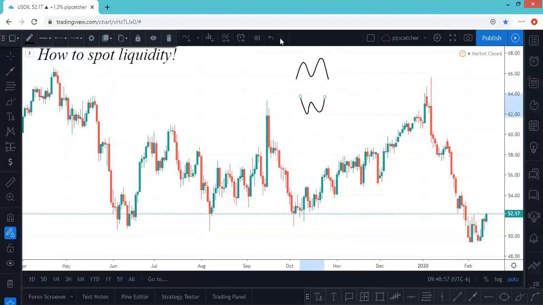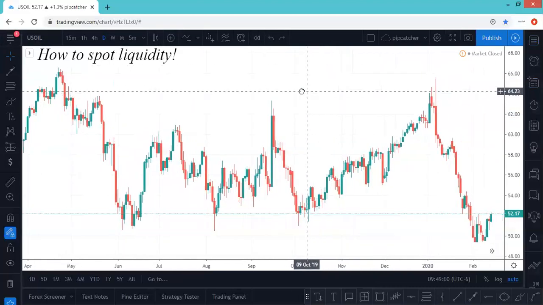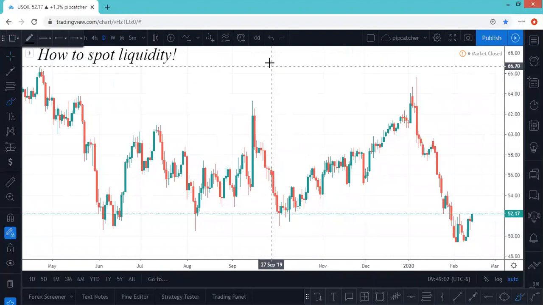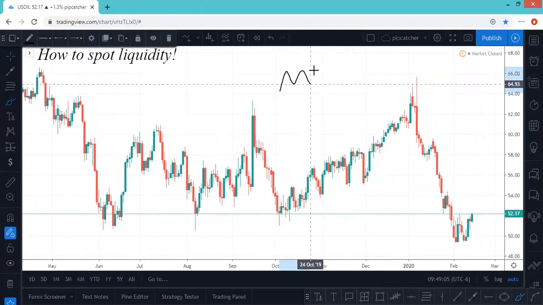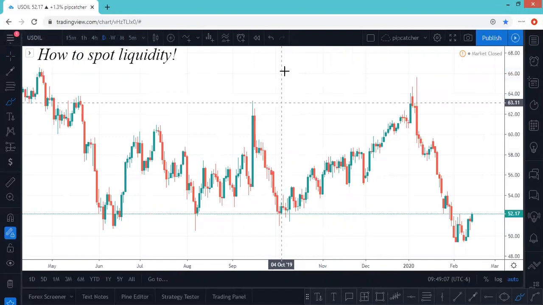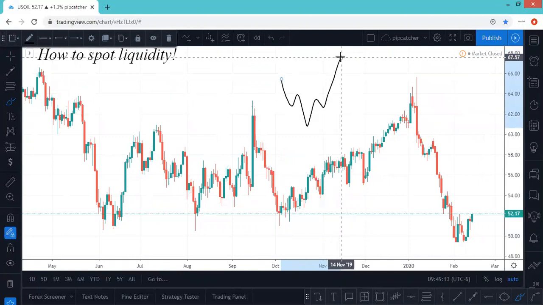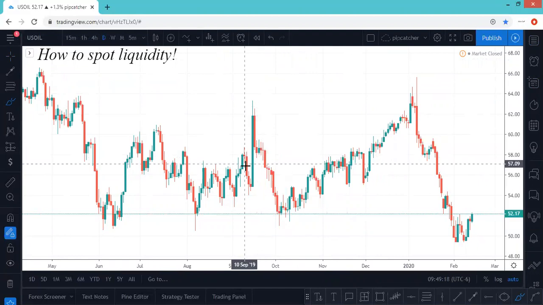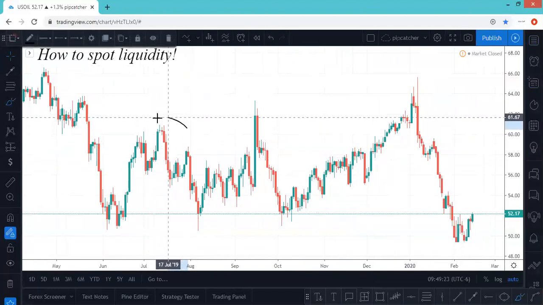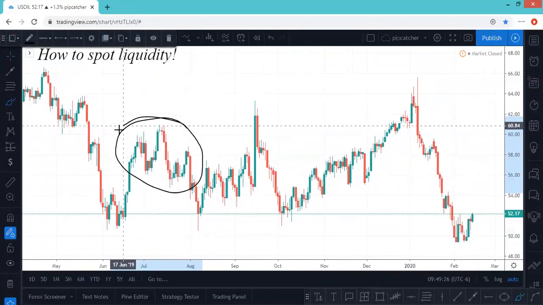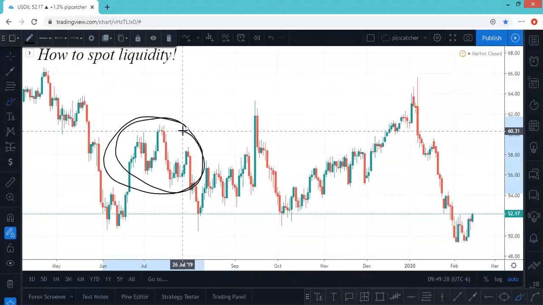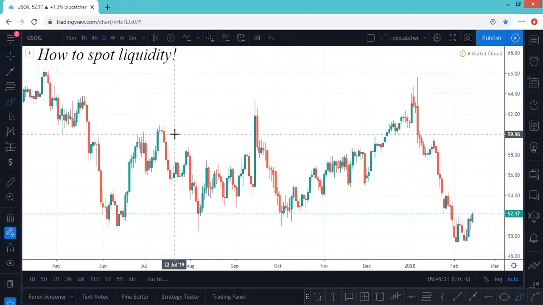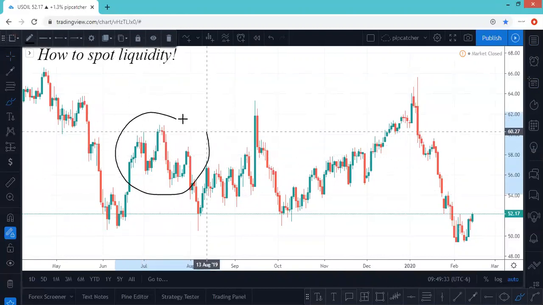You could say triple tops, head and shoulders, inverse head and shoulders, right? All these retail patterns can get you caught up in some losses. And so right here we have this famous pattern that retail loves to sell from.